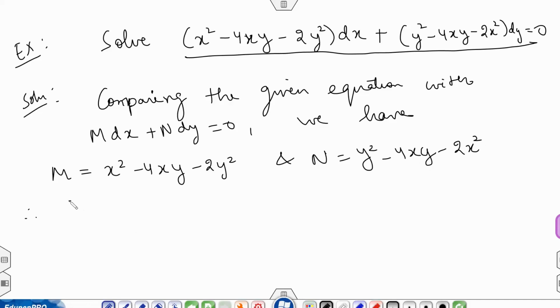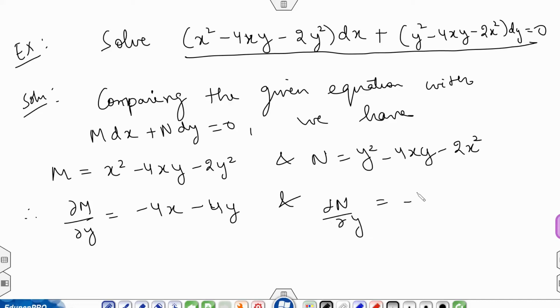You will get del m by del y as minus 4x minus 4y, and del n by del x is equal to minus 4y minus 4x. Now you can see that these both quantities are equal. So you can conclude that del m by del y is equal to del n by del x.